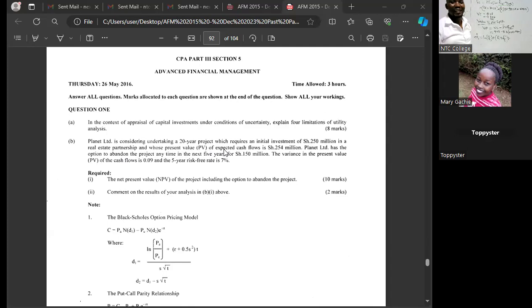Check your notes bana. Tukianza, tulisema hiyo nini? We were defining them. Na nikaandika PERQ. What was present value? Notes ya jana. Usiniangushe tu hivyo hivyo.